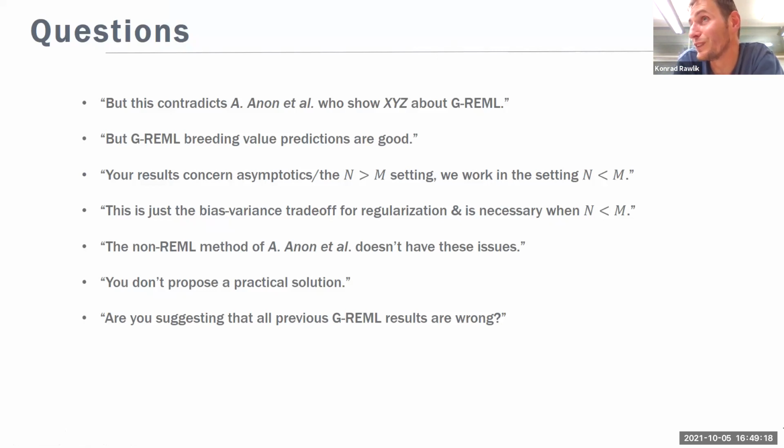You need more individuals than you have markers, which is not the setup we are currently in, unless we increase our sample sizes rather massively. So they're in no way practical. They're a theoretical result, but they are not a practical solution to these issues.